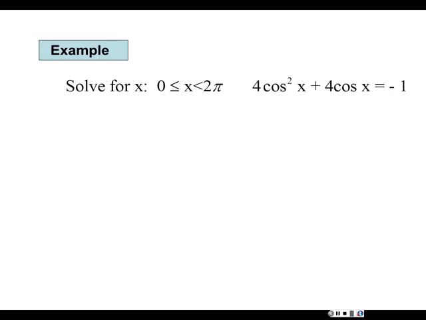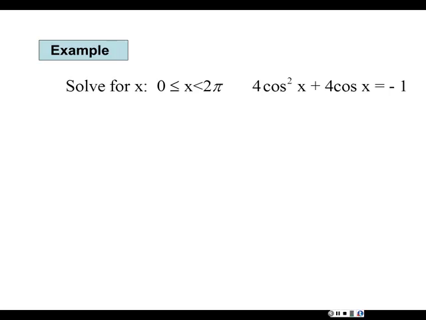Just write half. So half is cosine 60, right? Cosine 60. And then cosine x is negative half, right?